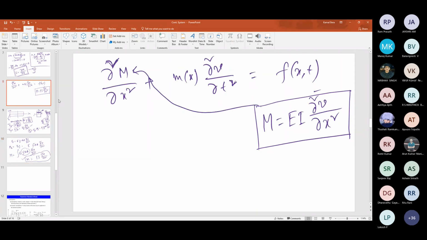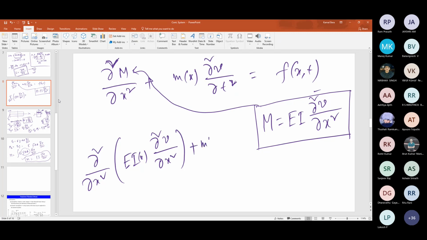Now you substitute M here. Then you'll get del 2 by del x squared of EI. I'll write EI(x), that is a function of x. It can vary along the length of the beam. Then del 2 v by del x squared, plus m(x) del 2 v by del t squared, is equal to f(x).